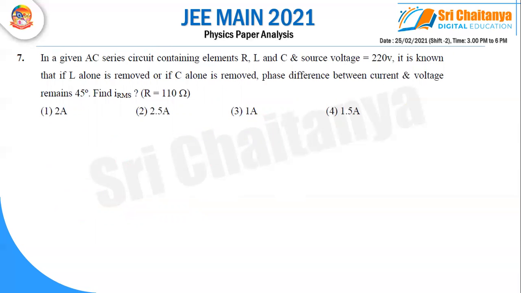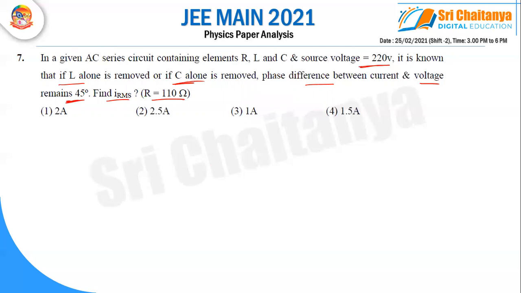In a given AC series circuit containing elements R, L, and C and source voltage 220 volts, it is known that if L alone is removed or if C alone is removed, the phase difference between current and voltage remains 45 degrees. Find I_RMS given the resistance of the circuit is 110 ohms.